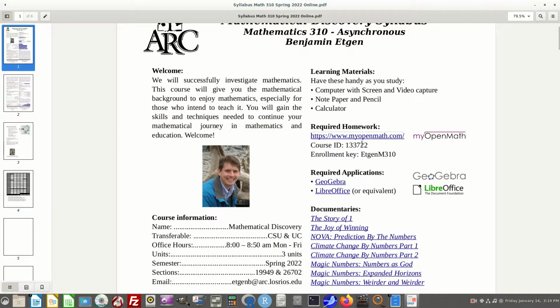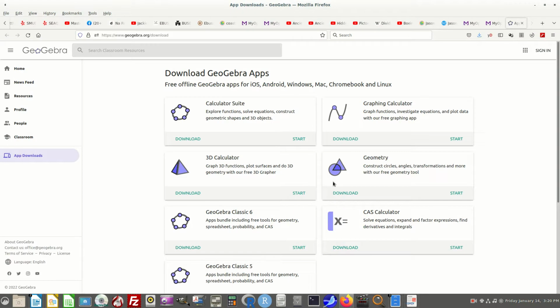So there's your course ID and enrollment key to get into My Open Math. I'm going to be using GeoGebra files this semester. That means that I will embed in a question a file that I've created in GeoGebra. So if you go to GeoGebra, you can download it.